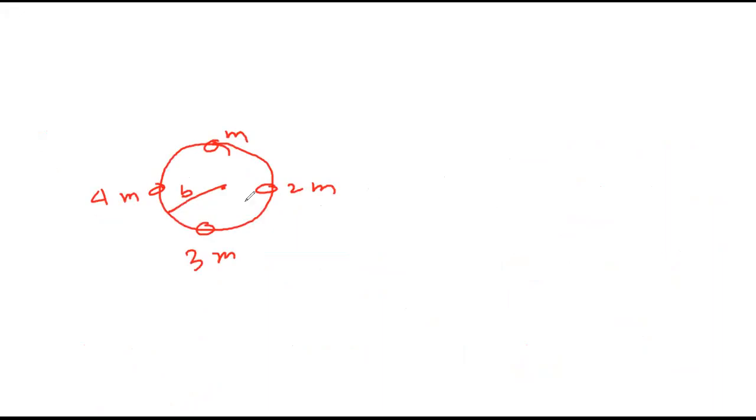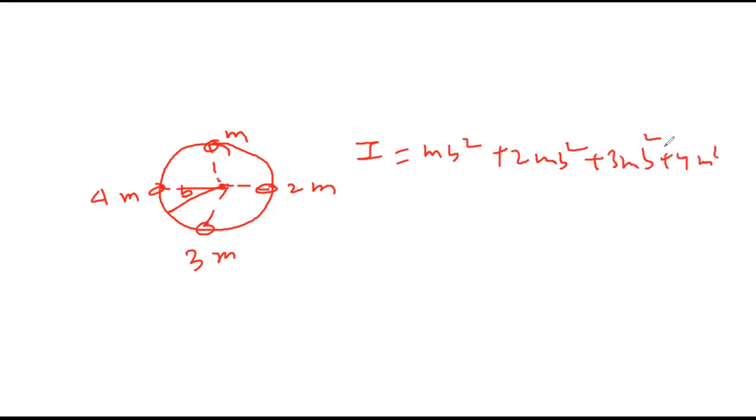What is the radius of gyration of the system about an axis passing through the center and perpendicular to the page? Since the axis passes through the center and is perpendicular to the page, all particles are equidistant. So I can first write I is mb square plus 2mb square plus 3mb square plus 4mb square.